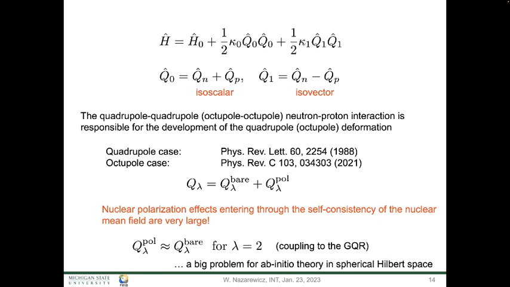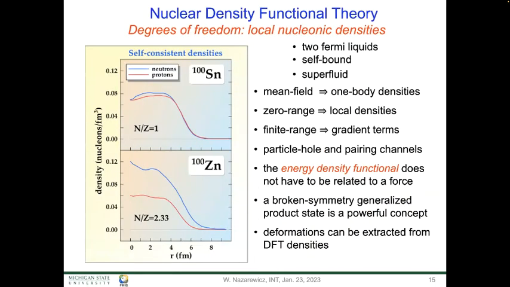They cannot go to 2 h-bar omega excitations, which are characteristic of giant resonances. So those models usually dramatically underpredict quadrupole deformations. I do not really have time to discuss it.